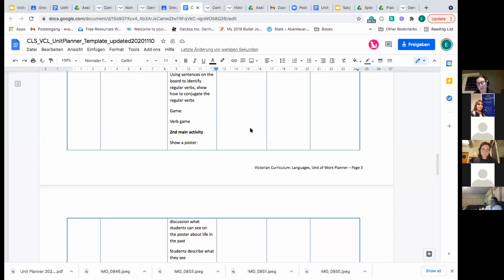That would be the assessment task. Yeah, that you can assess if they understood what a verb is, and that they know how to conjugate a regular verb. That would be the assessment task then.